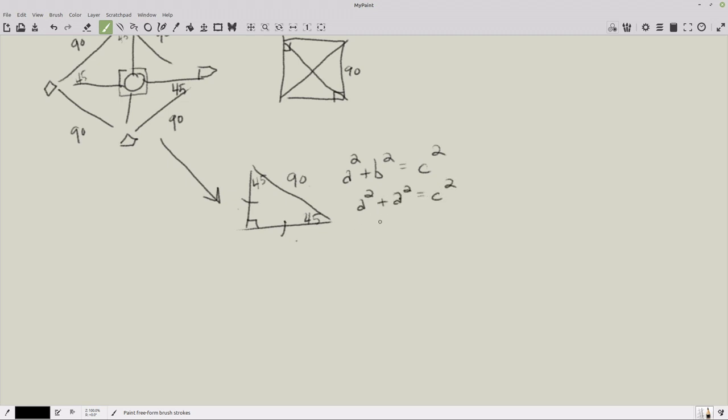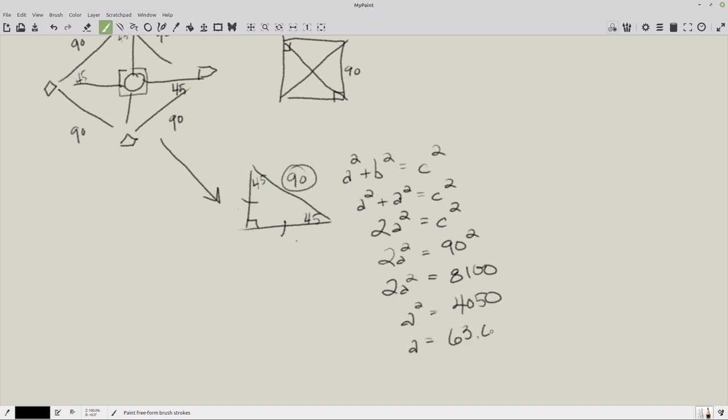Now I have 2a squared equals c squared, and I know C is 90. So 2a squared equals 90 squared, which is 8100. Dividing both sides by 2, a squared equals 4050. Taking the square root of both sides, a equals 63.64 if you plug that into a calculator.